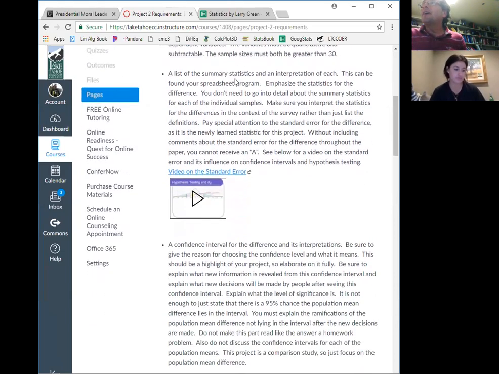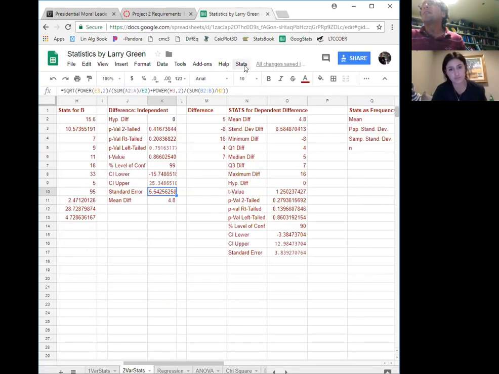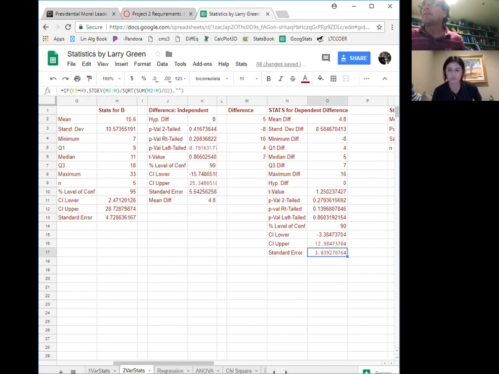So all this stuff I already said. You need to give me a list of summary statistics. Not everything, but the main ones you need are this mean difference right here, that's the difference between the two means, and the standard error. Do you remember what the standard error is? What it means?